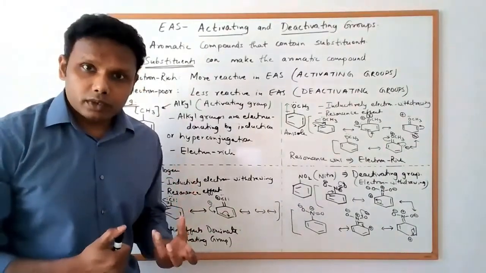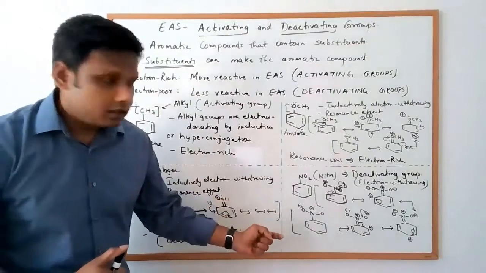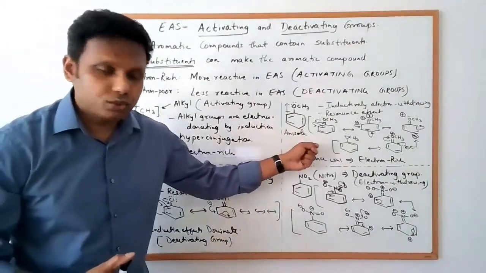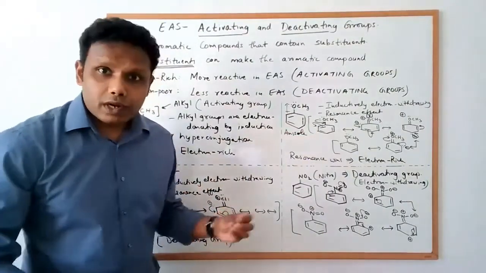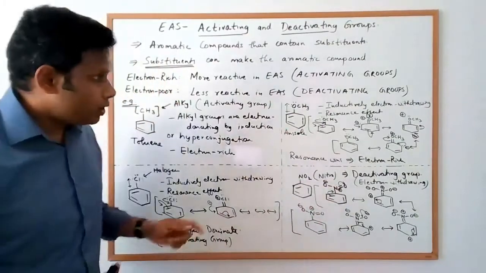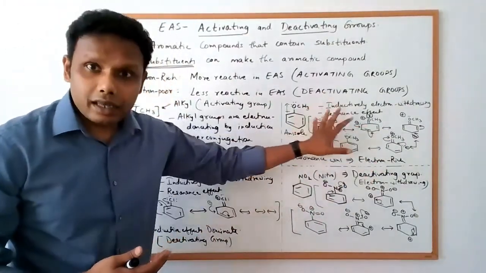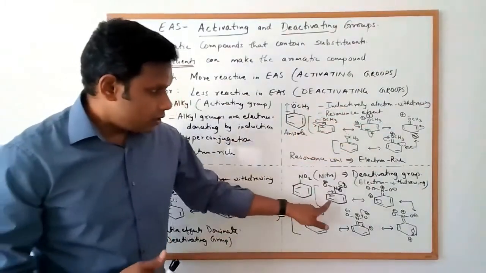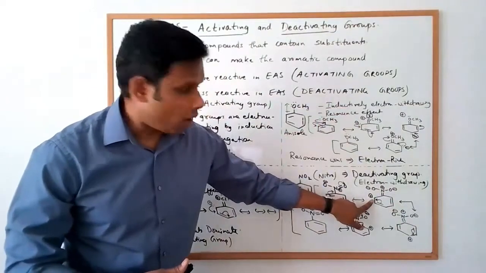And what we notice in these resonance forms is that unlike the case of a methoxy substituent or the halogen substituent, which were adding electron density to the benzene ring, and we could see that using the negative charges that were being generated, in the resonance forms for nitrobenzene we actually are putting some positive charges.